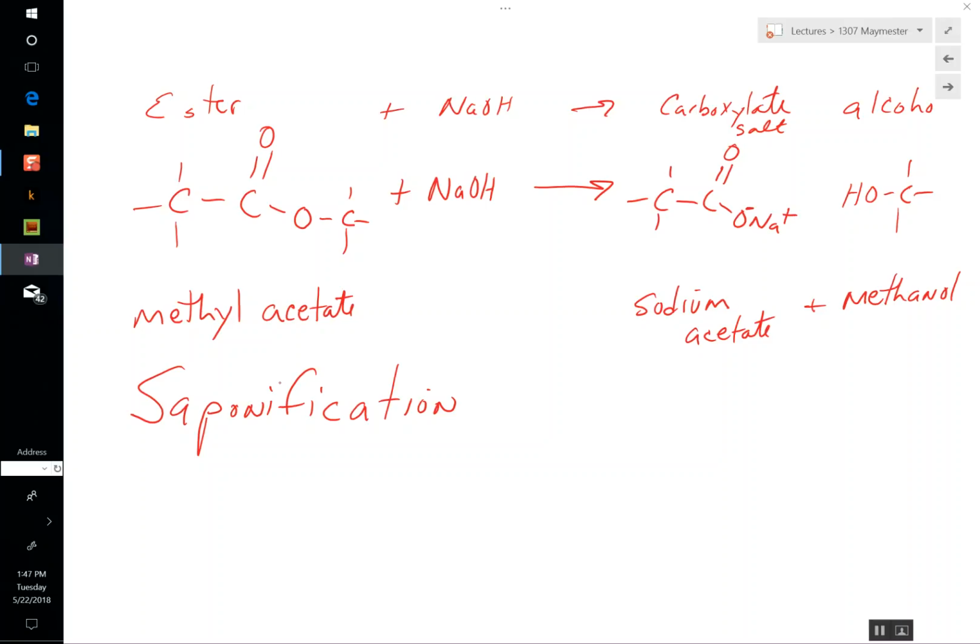So nothing happened. Everything is the same here. This thing clips off and picks up that OH, like it did from water. Still get the same alcohol. You don't get the carboxylic acid. You get the salt of the carboxylic acid. Sodium benzoate.